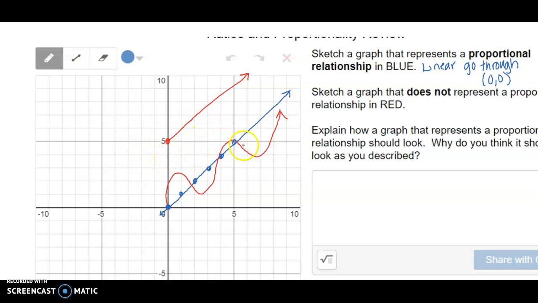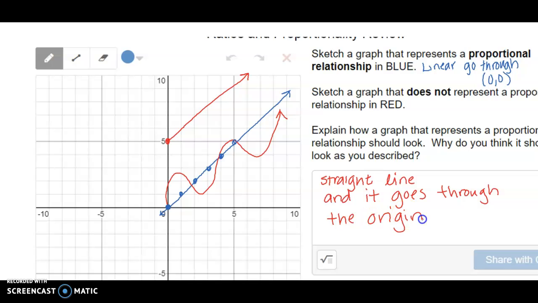So again, in this box here, it says explain how a graph represents a proportional relationship. It's a straight line, and it goes through the origin, or 0, 0. So that would be my answer there.